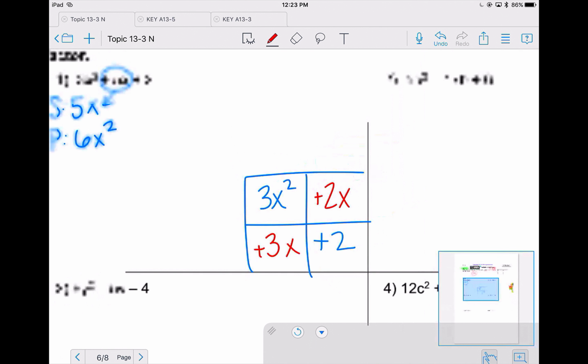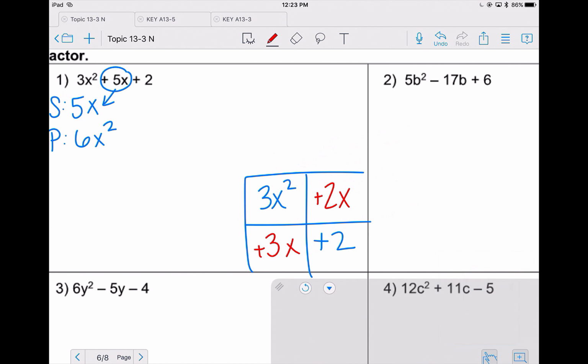Remember that these have x's because the only way to add to 5x is if you have 2x and 3x. From here, I take out my GCFs, what they all share in the columns and the rows, and only the columns and the rows. You do not go horizontally and diagonally or up and down only. You go up and down, side to side, side to side.